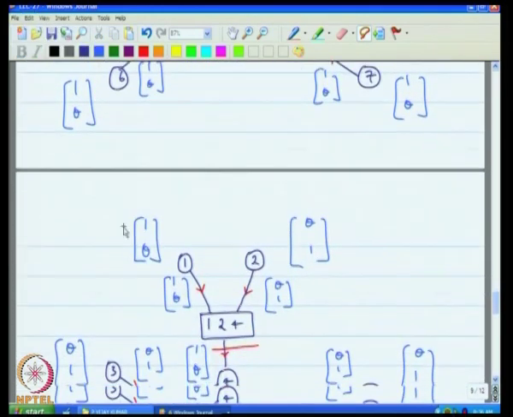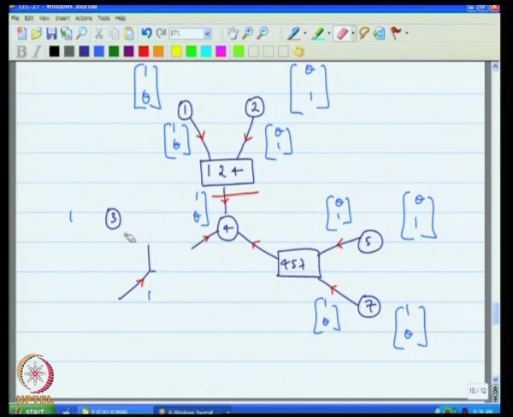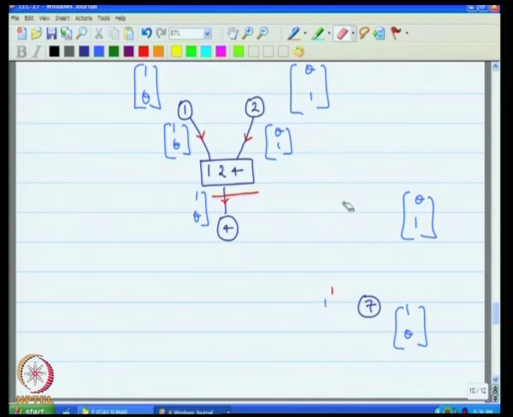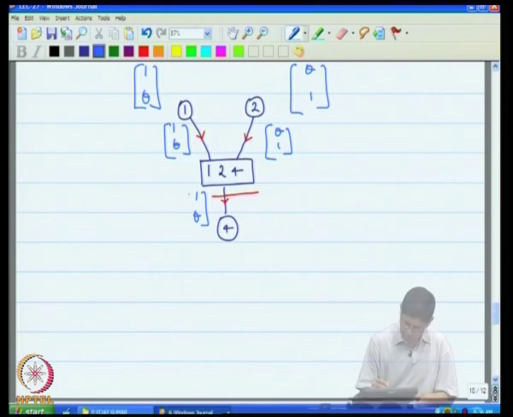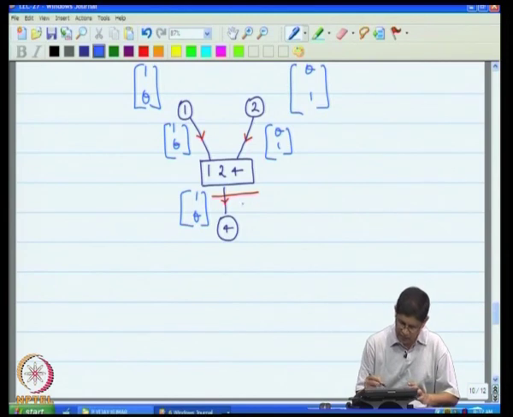Here we want to focus on the computation indicated by this red line over here. So, I am going to delete some of this other stuff which we do not need.